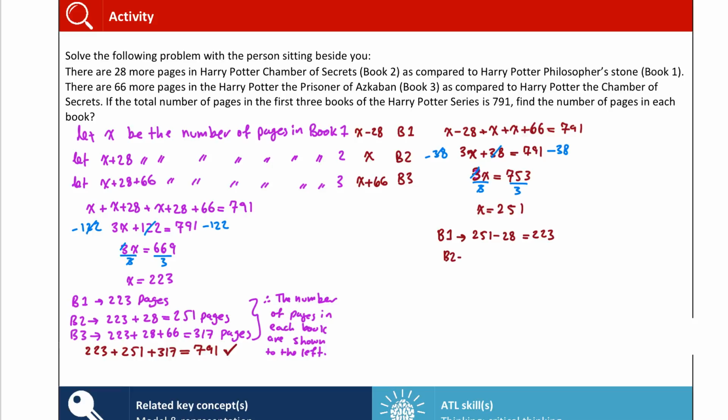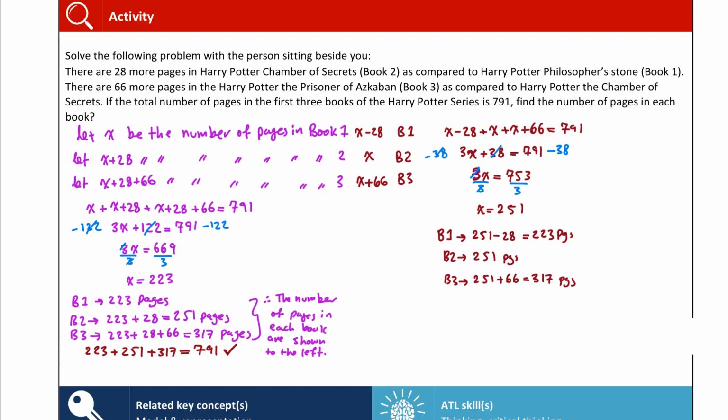Book 2 has 251 pages as shown above. And book 3 will have x plus 66 too. So 251 plus 66, which should give me 317 pages.